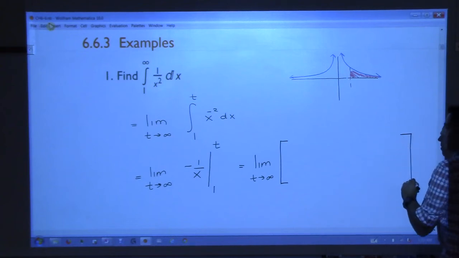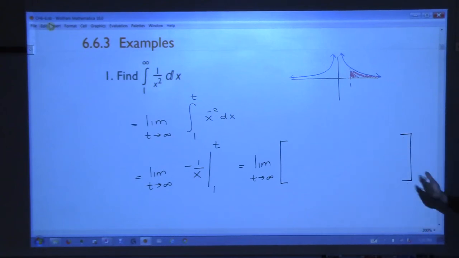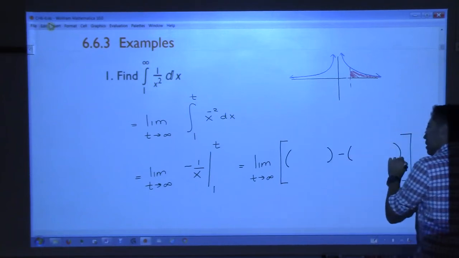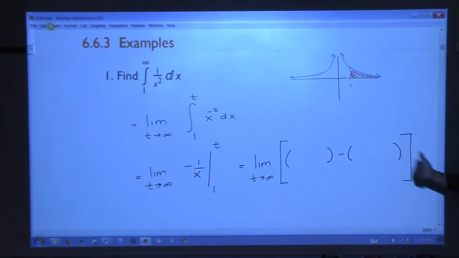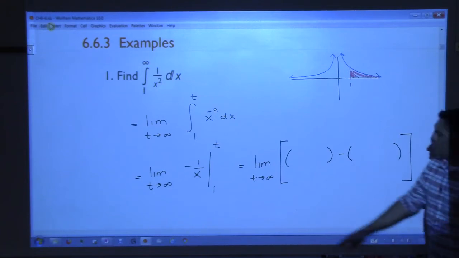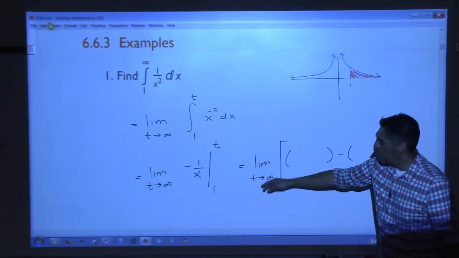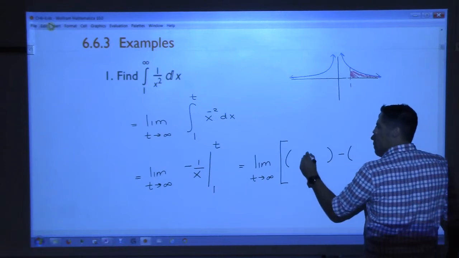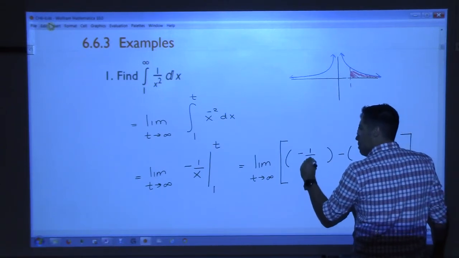And now we do our plugging in game. So I'm using the fundamental theorem of calculus from last time, the evaluation theorem. I have 2 sets of parentheses, and I'm plugging something in here. So first I plug t in, right? I'm going to plug t into this for x. So I get what? Negative 1 over t, right?